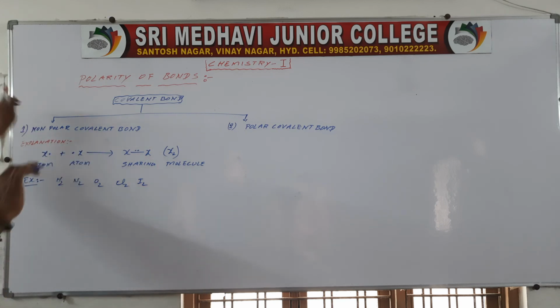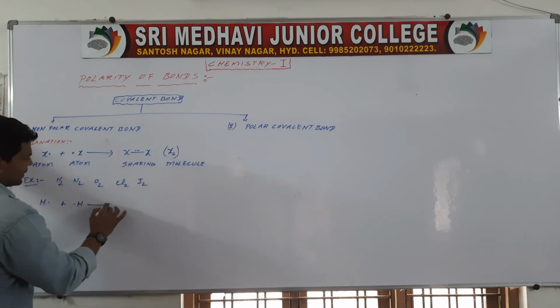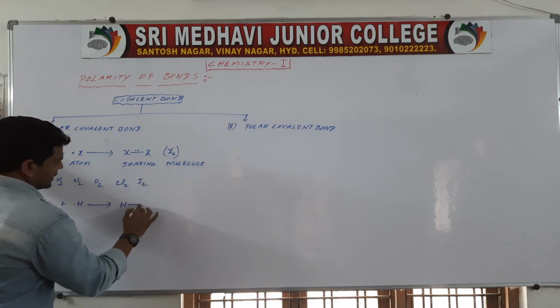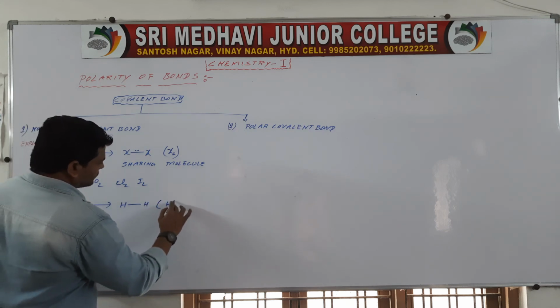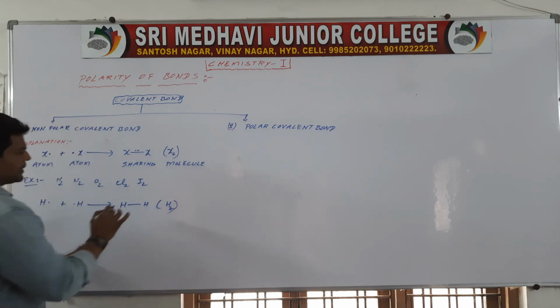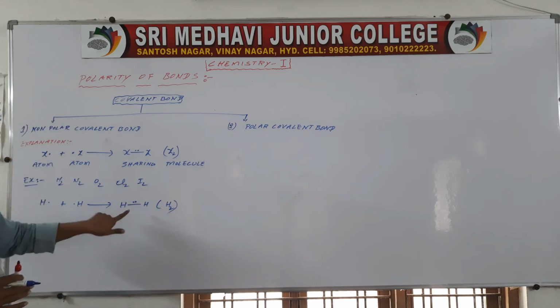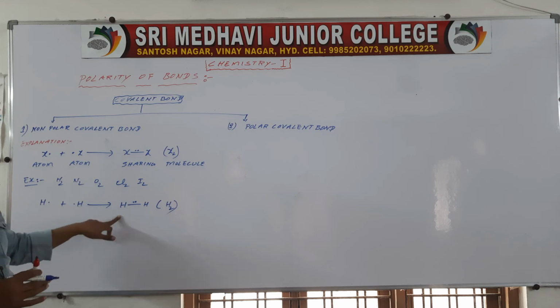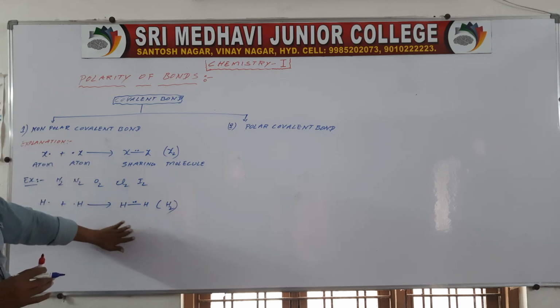Here, hydrogen having one electron reacts with another hydrogen having one electron, then sharing takes place, a single bond is formed, and the H2 molecule is formed. Here, the electron pair is centrally located between the two atoms. Okay, this is a non-polar covalent bond.